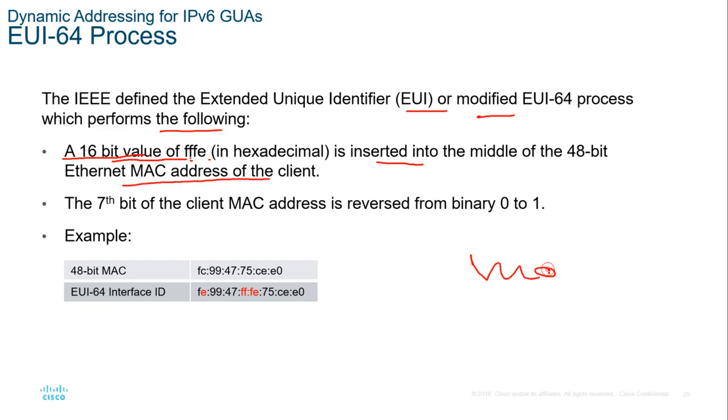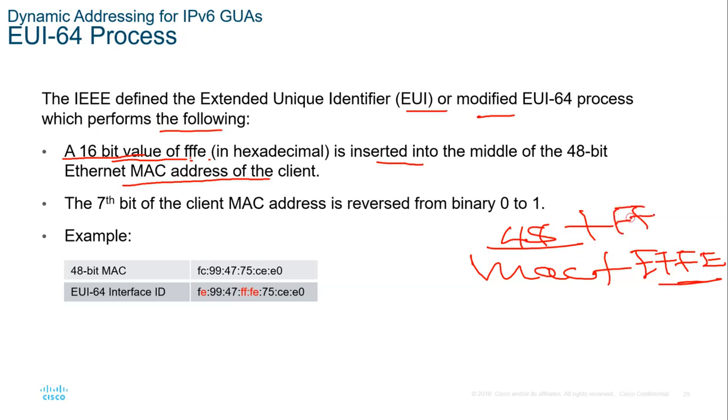So it's a combination of the MAC address, which is 48 bits, plus this mandatory FF and then FE. So these are 16 bits. If you add 16 to 48, you get your 64, to form what you call the extended unique identifier.